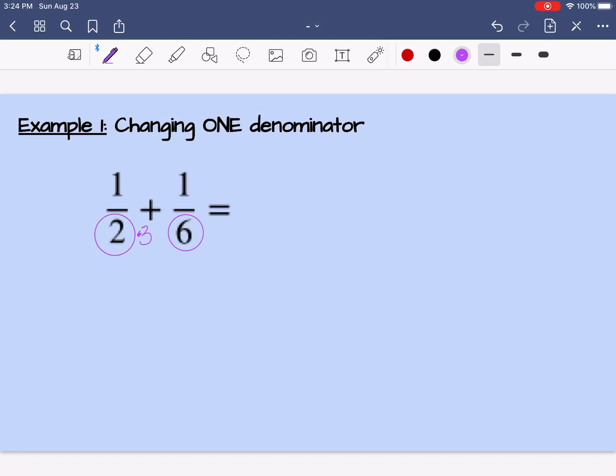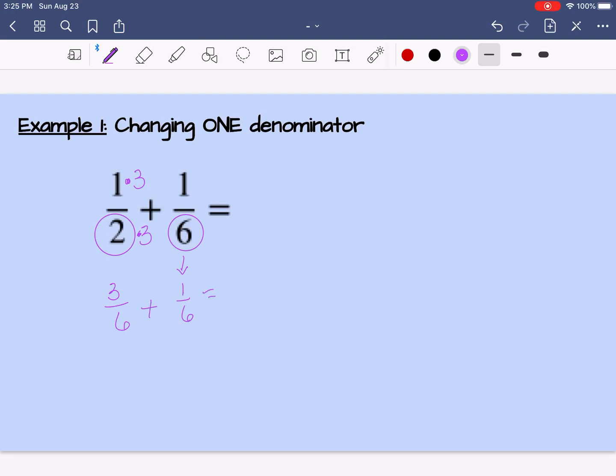Whatever we do to the bottom, we also need to do to the top, so we need to multiply that numerator by 3 as well. So the 1 over 6 stays 1 over 6, and this changes to 3 over 6, and we're adding.